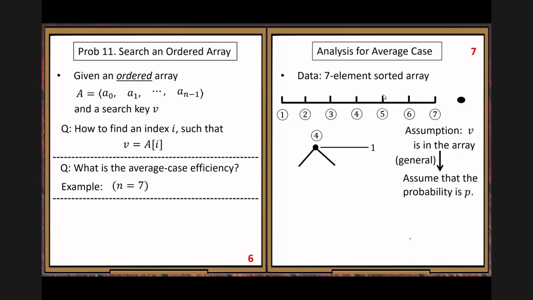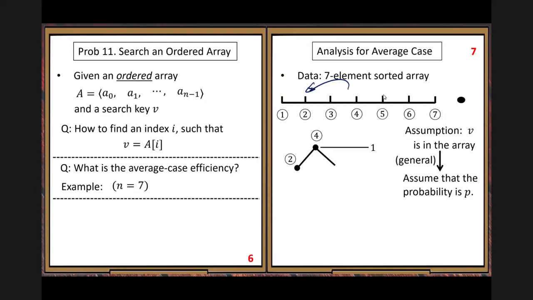Okay. Then 2 branches: left subarray branch, right subarray branch. When we go to the left subarray branch, the root of the subtree is node number 2.